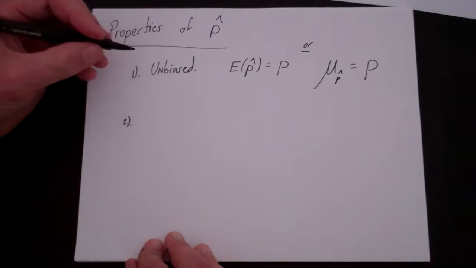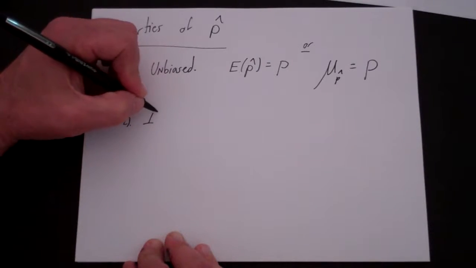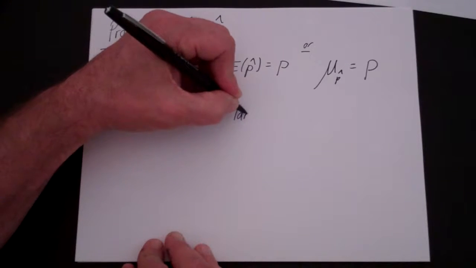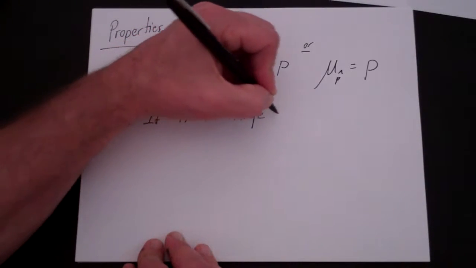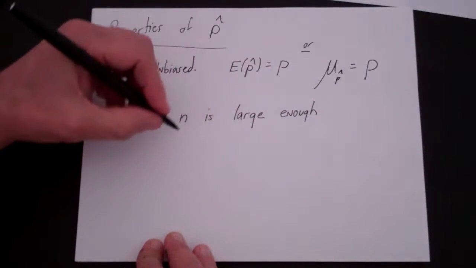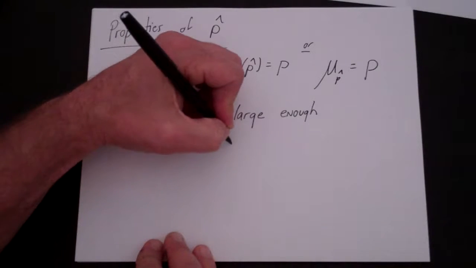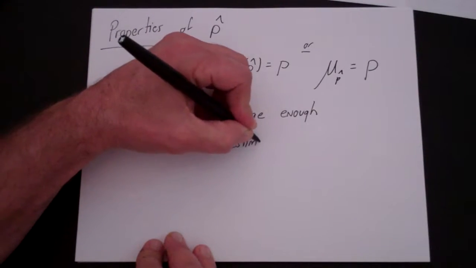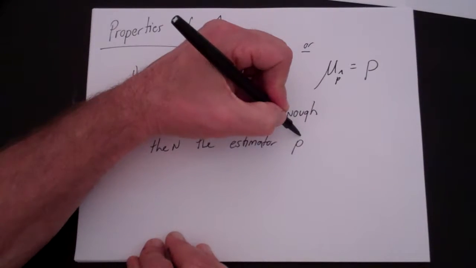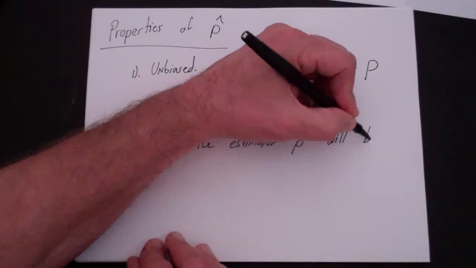The second thing that's true is if n is large enough, then the estimator p-hat will be approximately normal.